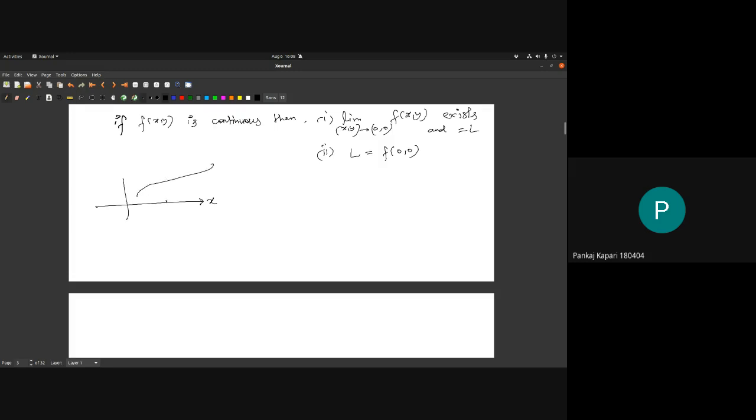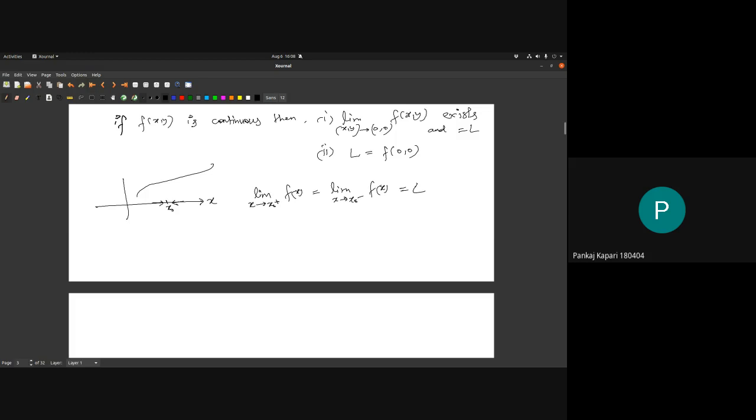If you want to calculate the limit of this function at some point x naught, you can approach this point either from the left direction or from the right direction, right? So for a function of one variable, the limit exists if you approach from the right side or from the left side, they both should exist and they must be the same.